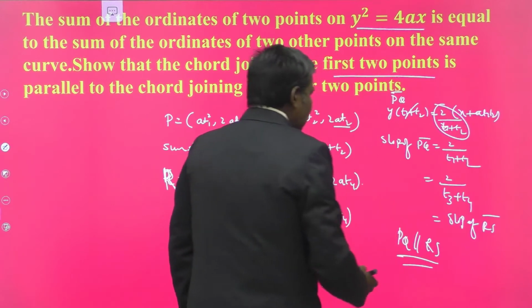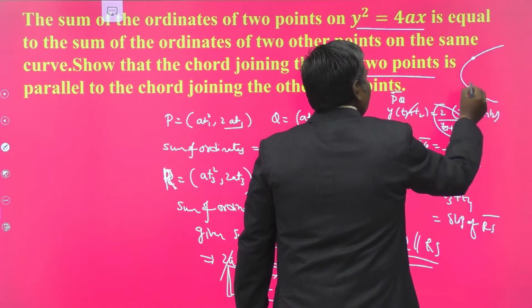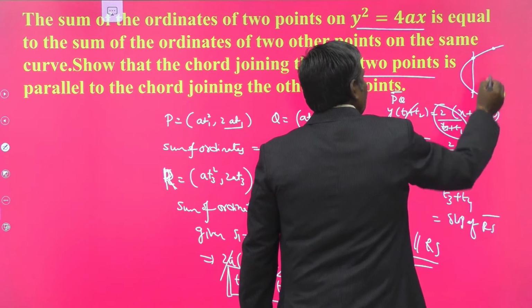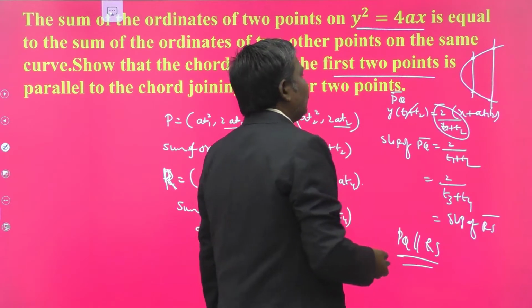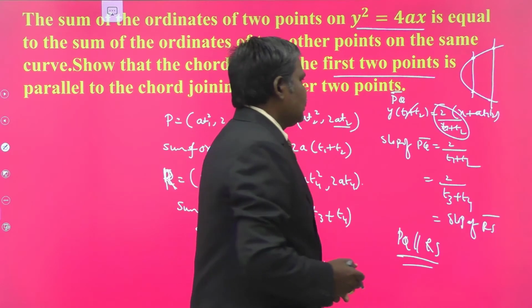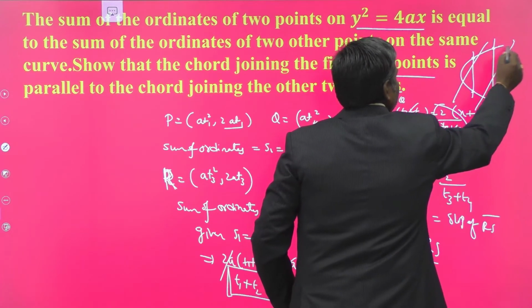Hence proved. That's all. That means you take any parabola, you first take any 2 points, join them, consider another 2 points, join them. These 2 are parallel if their sum of the ordinates are the same. If the sum of the ordinates are the same, the lines may not be in this manner, they may be in this manner also.